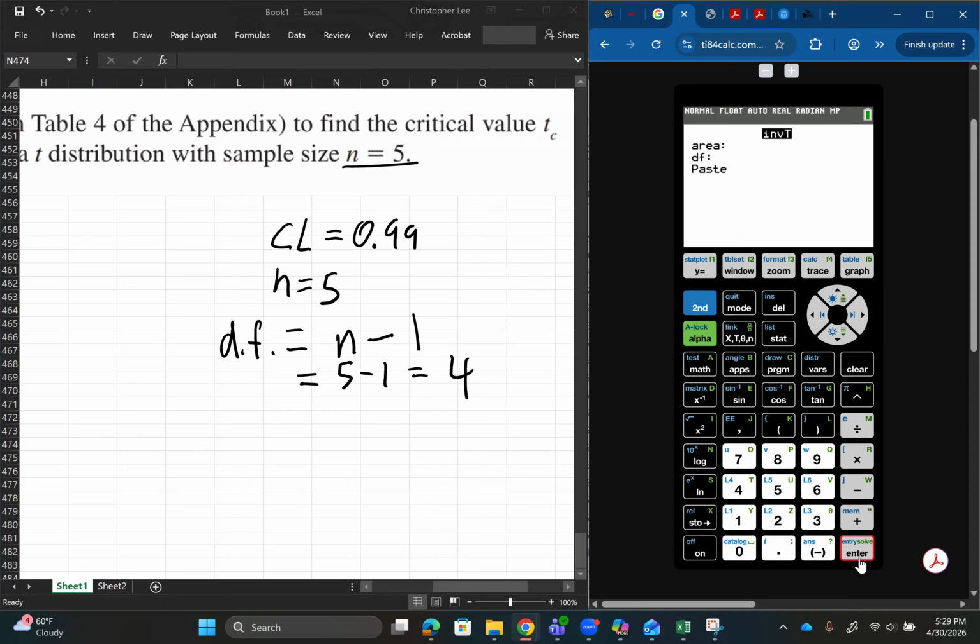What area am I gonna put in? No, inverse T, INVT, capital T. So what area am I putting in? Yes, the confidence level.